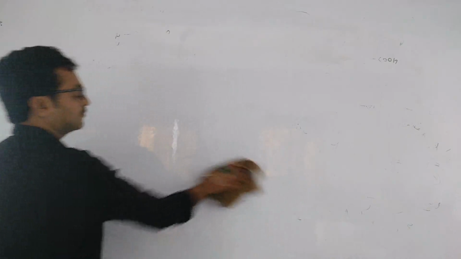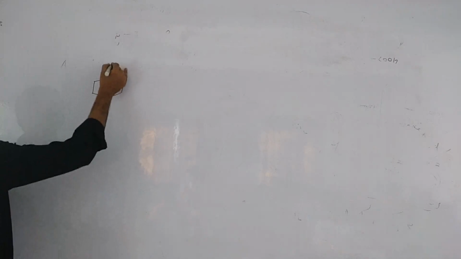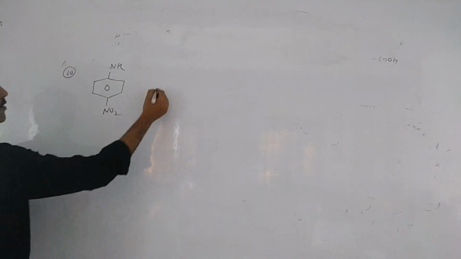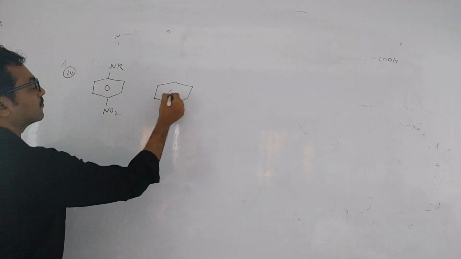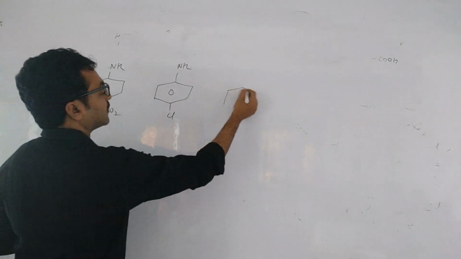Next. Basic character, we take nitro, chloro, methyl, methoxy. First one is nitro. Chloro, aniline, methyl aniline and methoxy aniline.